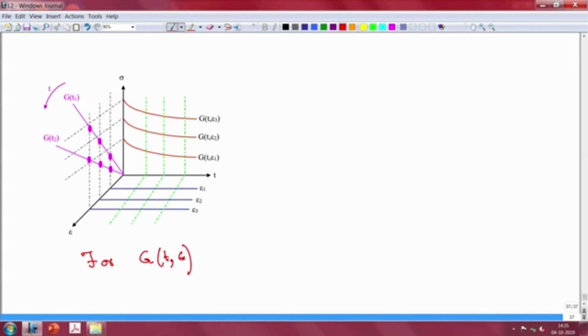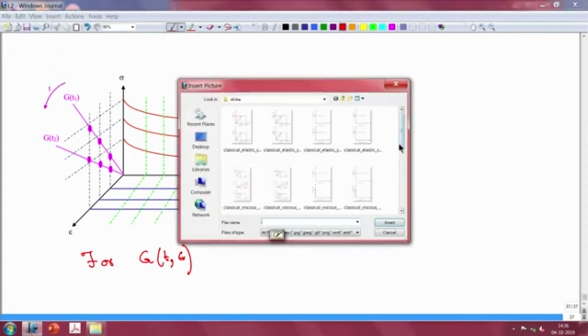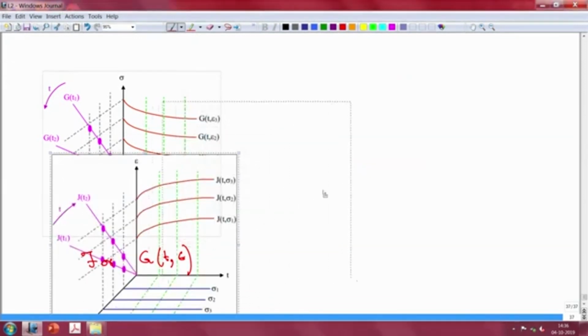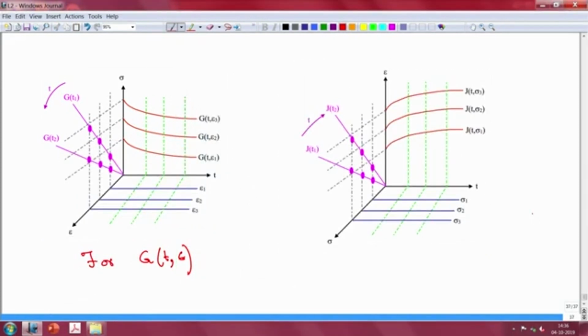Similarly, you can do the same thing for the case of the creep phenomena. In this case, your bottom plane, the sigma-t plane, is your input plane, and then you are measuring your output on the epsilon-t plane.